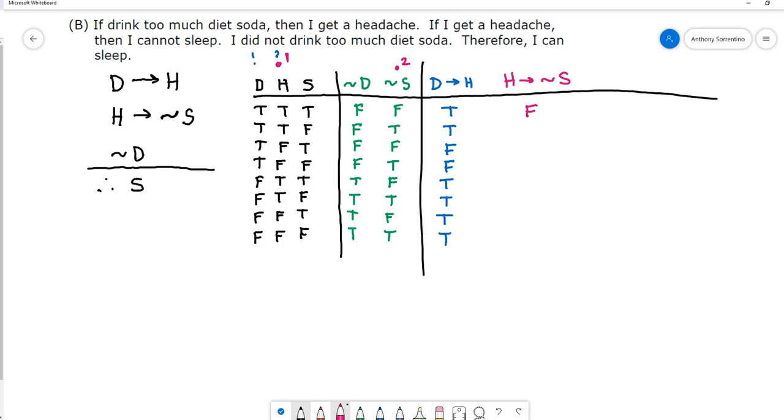For the next one, line 2, they're both true, so this is true. For the next two, H is false. So that makes this conditional statement automatically true. And the same thing kind of works out for the rest of them. I have true then false, which makes it false. And the rest are going to be true statements.